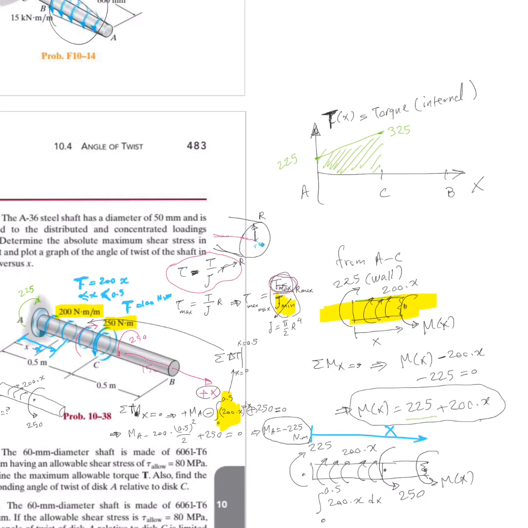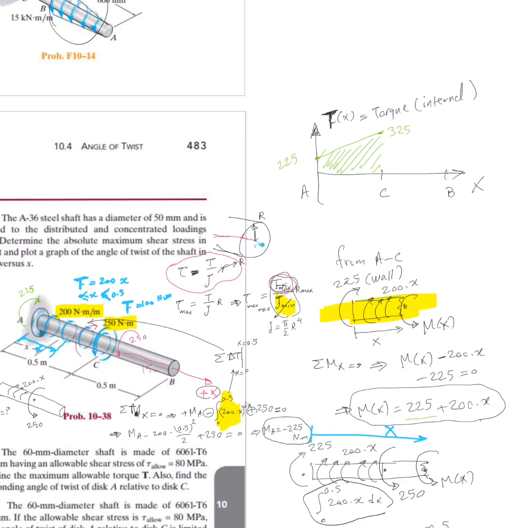Then I get negative 225, again another negative, integral 0 to 0.5 of 200 x dx, this term, right? Then plus 250 plus mx is equal to 0.